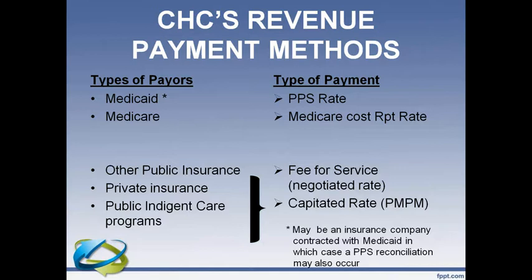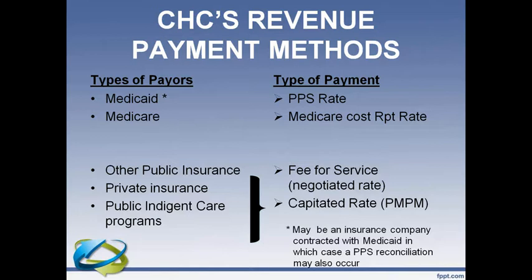Some of you are phasing into that. But that's a blended rate that they've come up with now that's adjusted for you. But you still have cost report, and it is based on average costs for the entire Medicare population that community health centers have served.